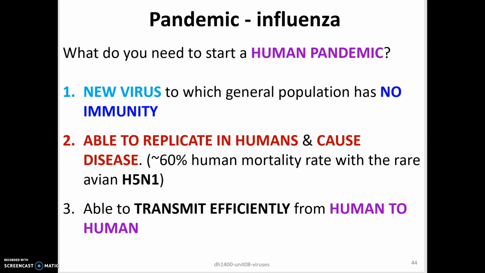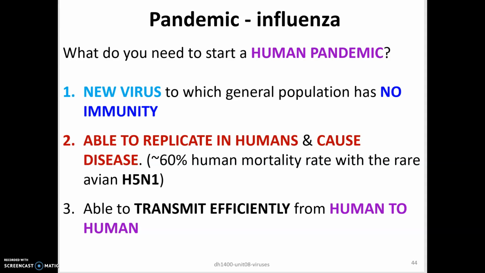That's a very powerful virus that causes a lot of damage. So being able to replicate in humans and cause disease is another facet of being a pandemic. And COVID-19 is also showing that it can replicate in humans and cause disease. So another tick for COVID-19.